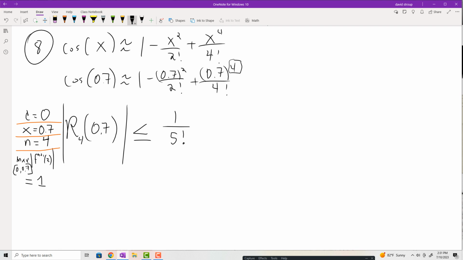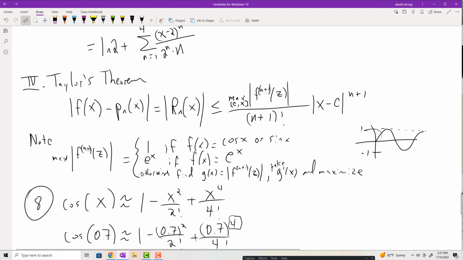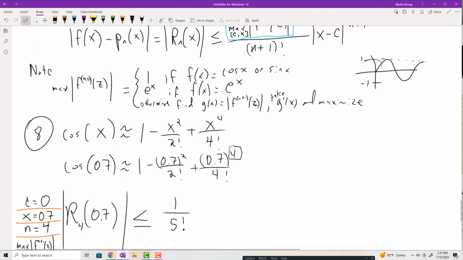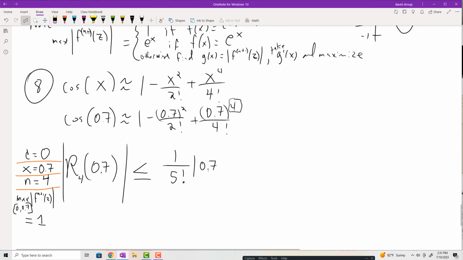I'm replacing that big max n plus first derivative that you see above with 1. You just replace this thing with 1. And then that's all over n plus 1 factorial, so 4 plus 1 is 5. And then times the absolute value of x minus c, so that'll be 0.7 minus 0. So you can see the formula above. Raised to the n plus first power, so again, that will be 5.